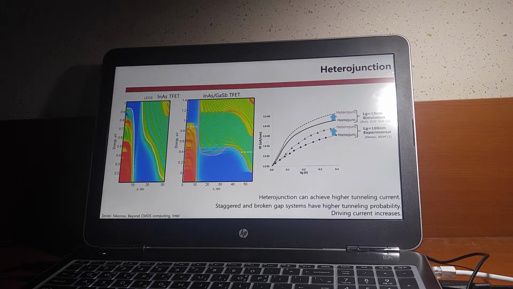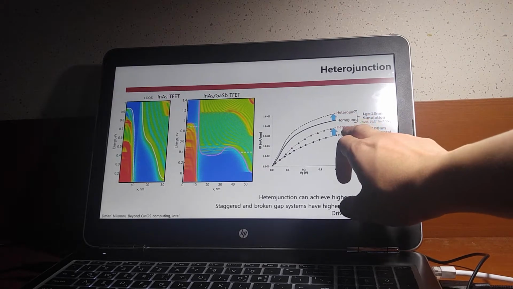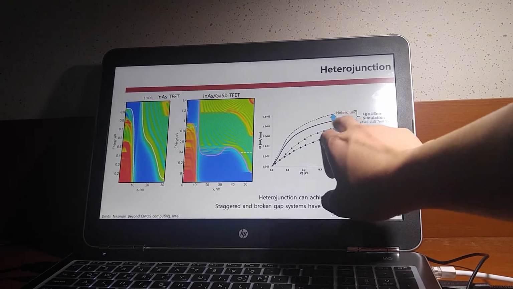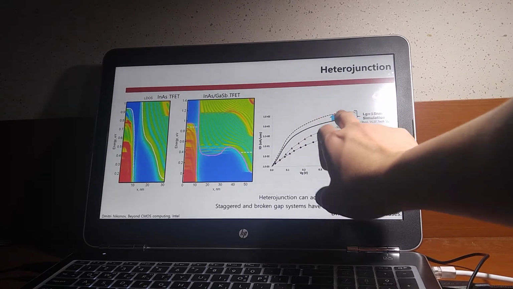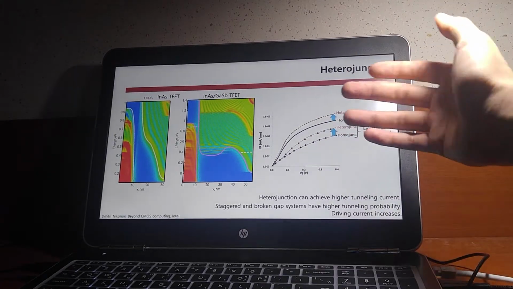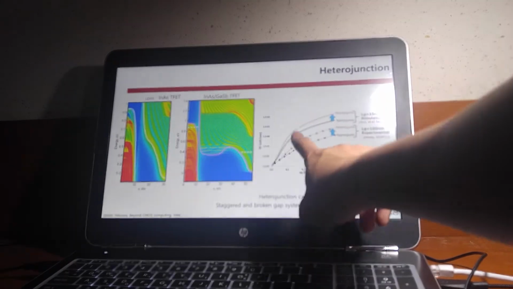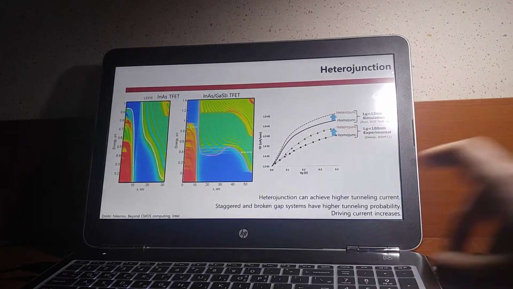So the right side of the TFET has more tunneling current, and its driving operation will be more efficient than the left side of the picture. This is the homojunction below, and the heterojunction has a higher driving current than the homojunction.